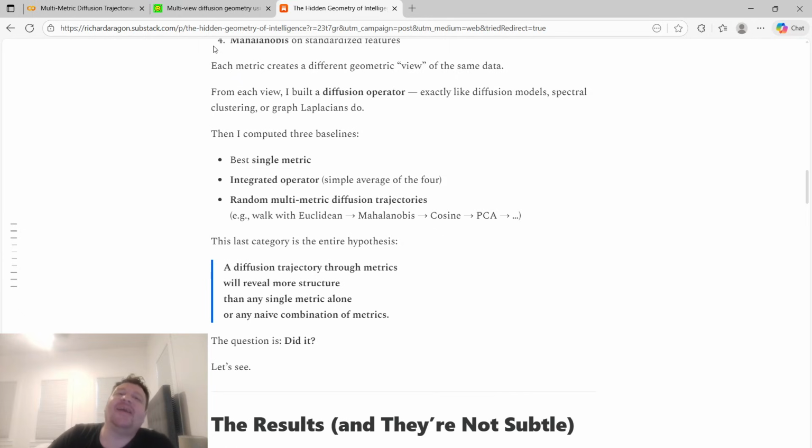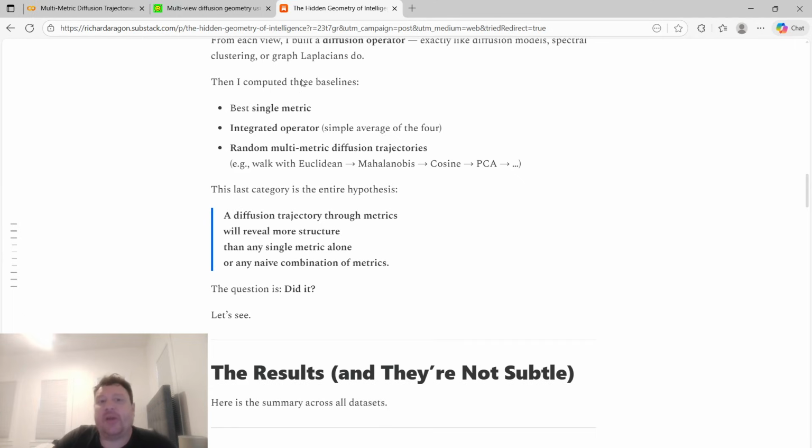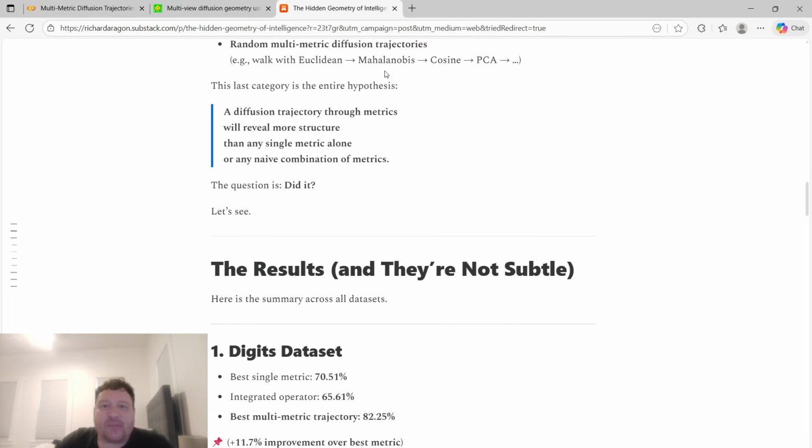Each metric creates a different geometric view of the same data. From each view, I built a diffusion operator, exactly like diffusion models, spectral clustering, or graph Laplacians do. Then I computed 3 baselines: the best single metric, the integrated operator, which is a simple average of the 4, and random multimetric diffusion trajectories, essentially walking through the different modalities or the different measurement types.